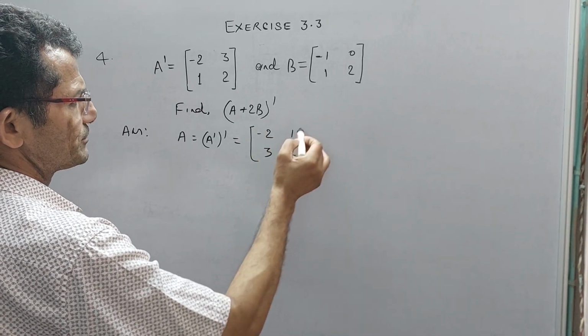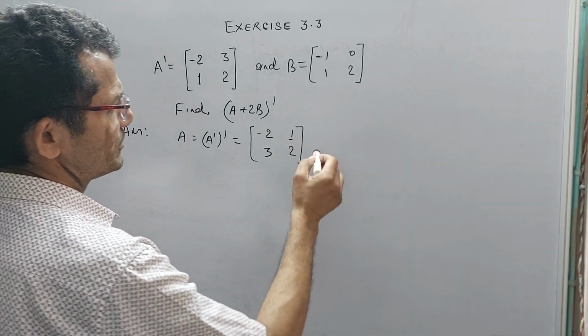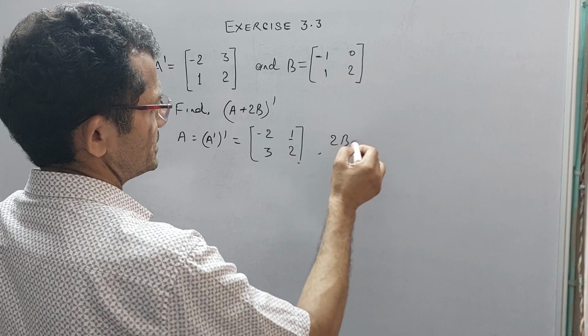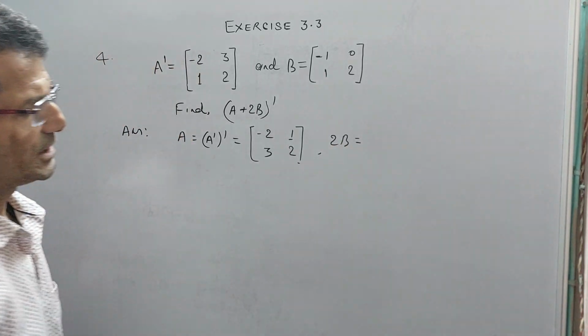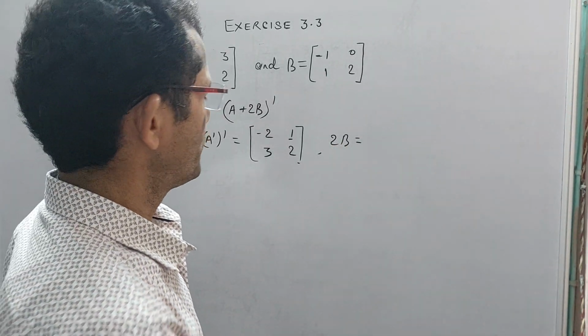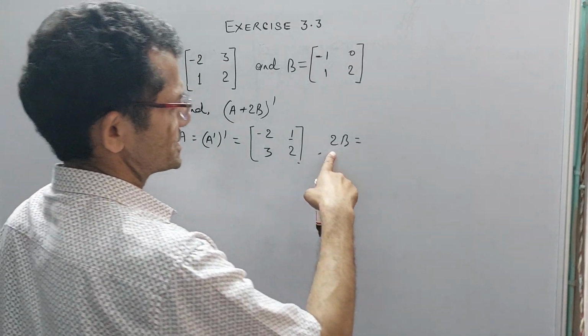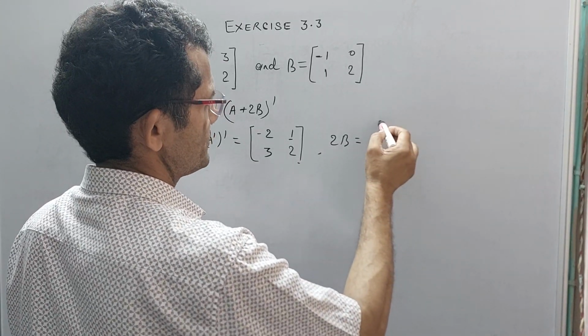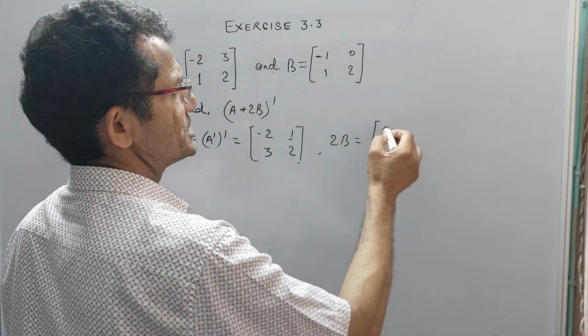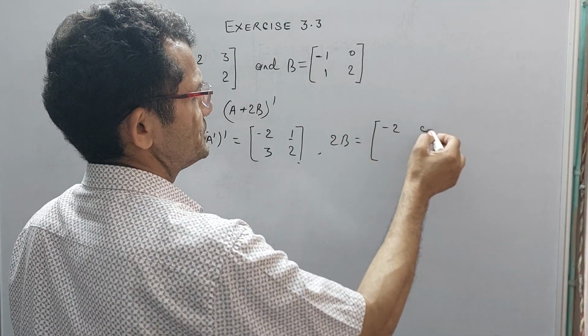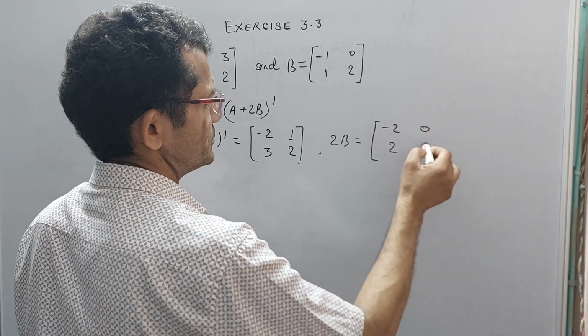Now this is our matrix A, and we need twice matrix B. In multiplication by scalars, we multiply each entry of matrix B by 2, so it becomes minus 2 and 0, 2 and 4.